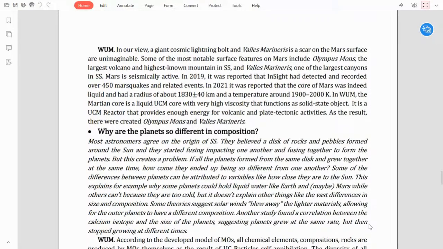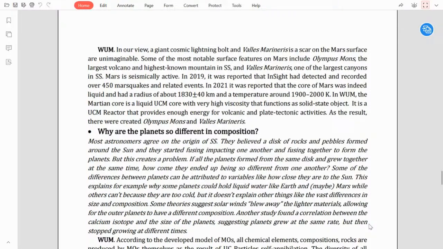It is a UCM reactor that provides enough energy for volcanic and plate tectonic activities. As a result, Olympus Mons and Valles Marineris were created.